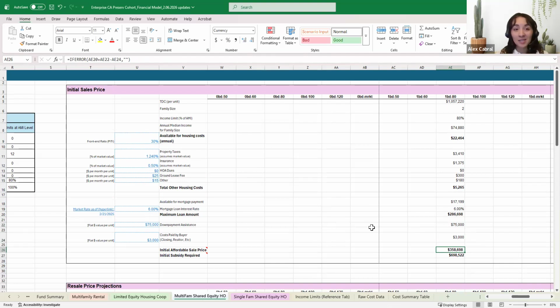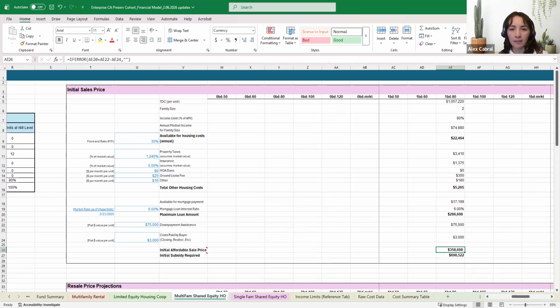Now, this is the maximum affordable sales price, and there's often a difference between what the maximum sales price is in the market and what realistically folks seeking your type of home ownership will want to pay. Oftentimes, this affordable sales price is higher than what's actually realistic to ask for in the market.